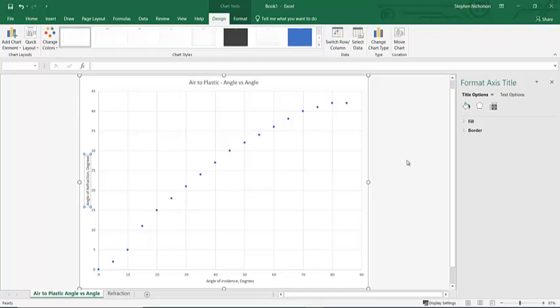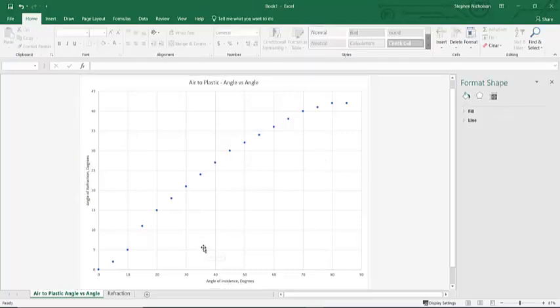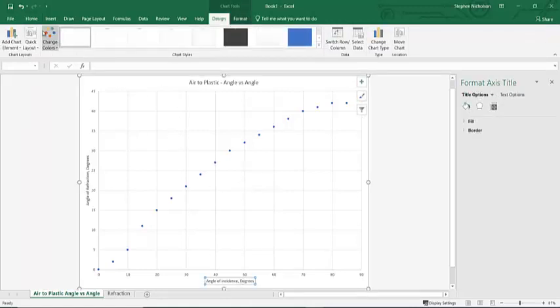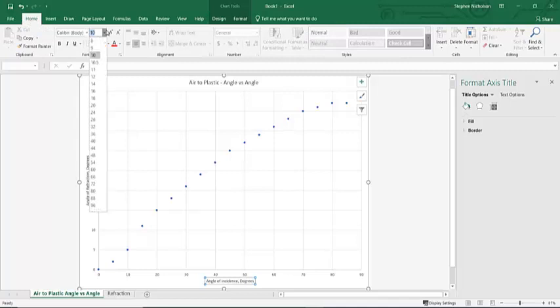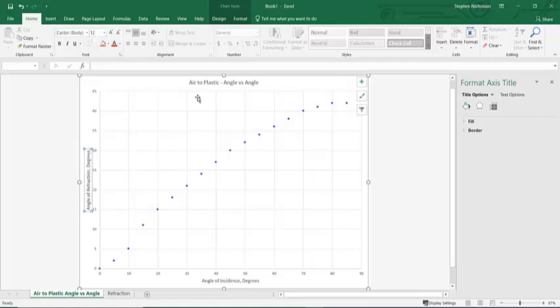Okay, and let's just make the font a little bit bigger. Not too big though, I don't want to go crazy. Okay, make the title a little bit bigger, and the numbers a little bigger too.